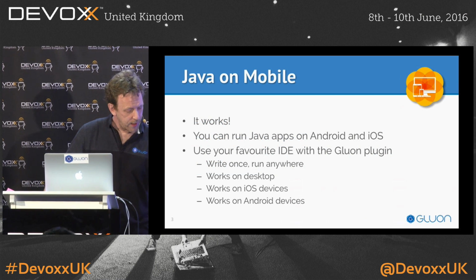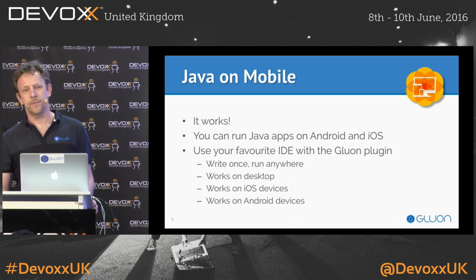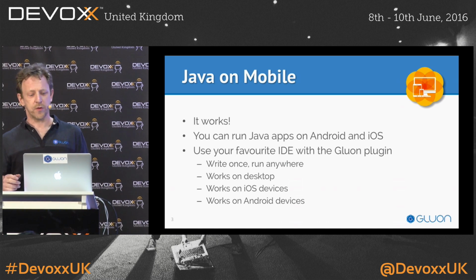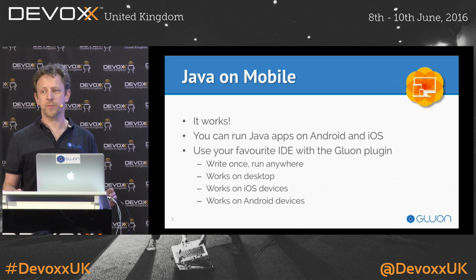So first of all, Java on mobile, it is working. I showed this at JavaOne last year, how you can easily write a Java application and run it on iOS and on Android. So I will briefly show how to do it, but we're not going to spend too much time on showing how exactly it is done, because it's done by plugins for you.